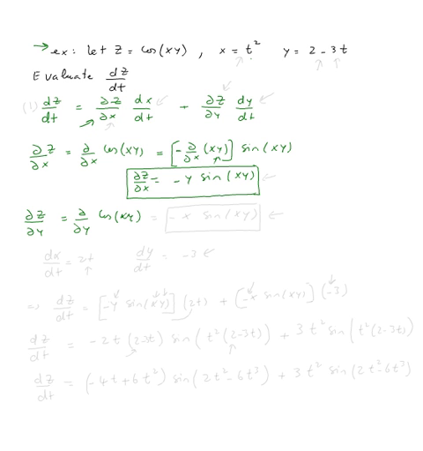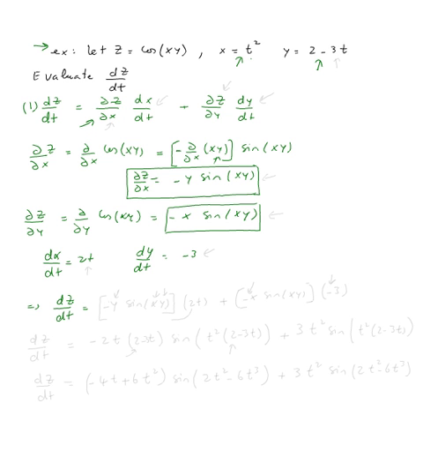Everything is the same way, except y becomes x. So this becomes minus x sine of xy. Now next we need dx/dt, which is 2t, and dy/dt is equal to minus 3. That's an easy derivative.